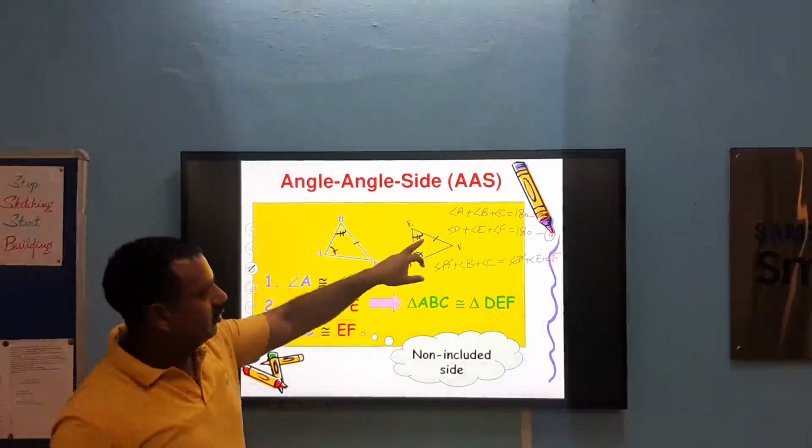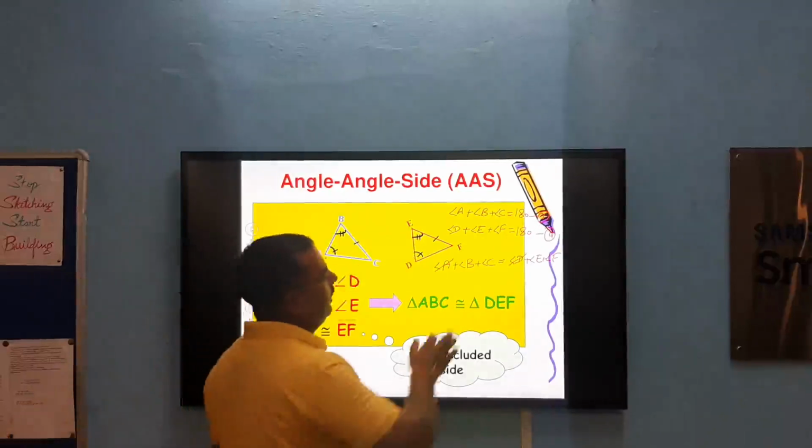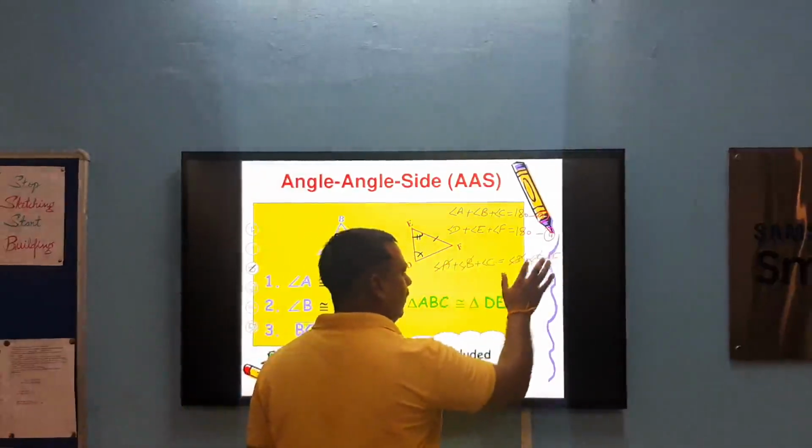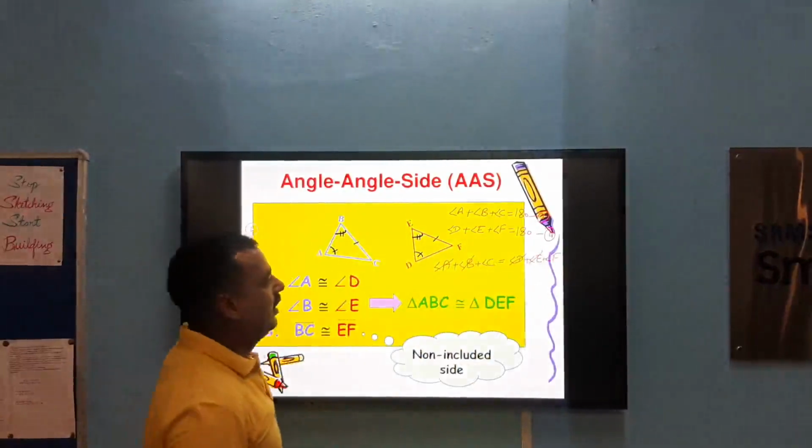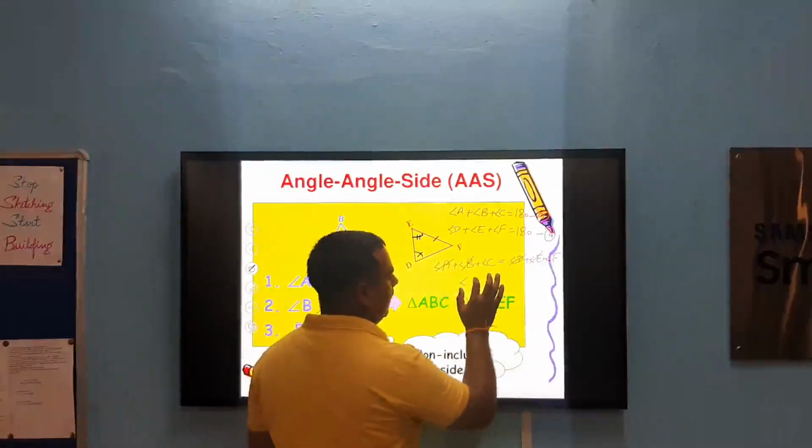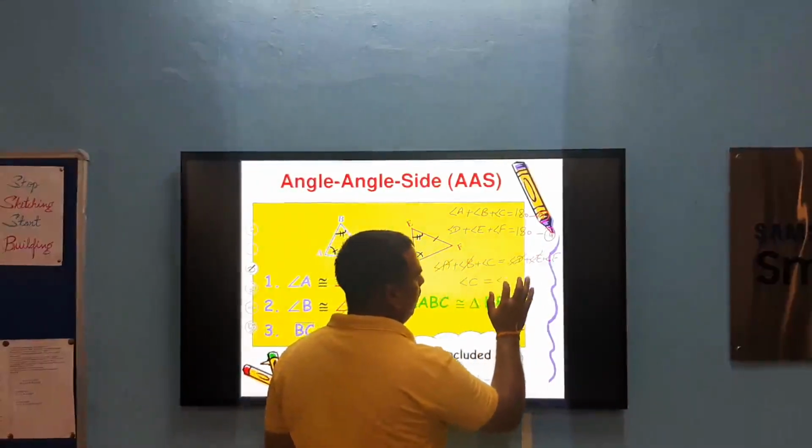Angle B is equal to angle E. So we eliminate angle B and angle E from both sides. And we get the result that angle C is equal to angle F.